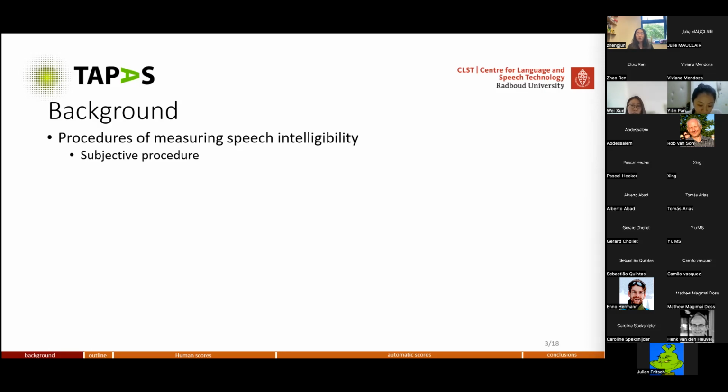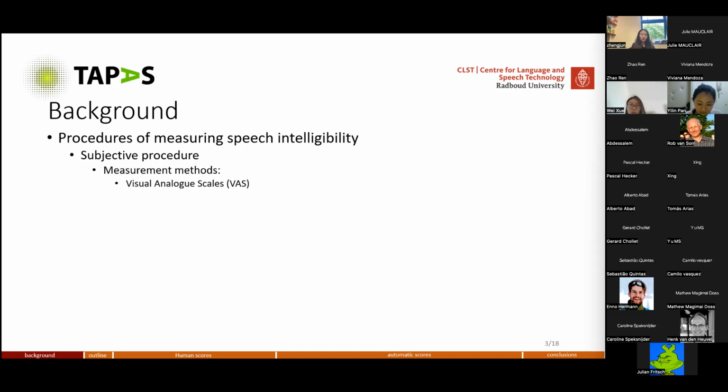Briefly, we generally recruit a group of listeners to give assessment of intelligibility through different methods, such as visual analog scale, which is a scale placed either vertically or horizontally, ranging from like 0 to 100, where 0 refers to not intelligible and 100 refers to intelligible.